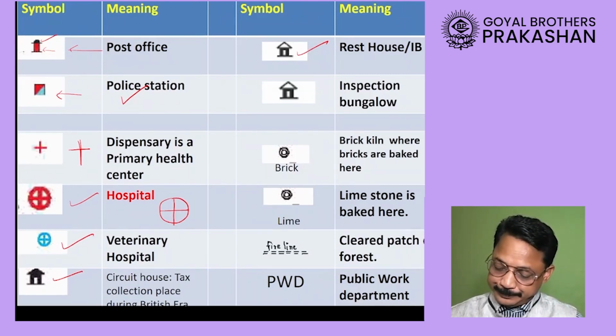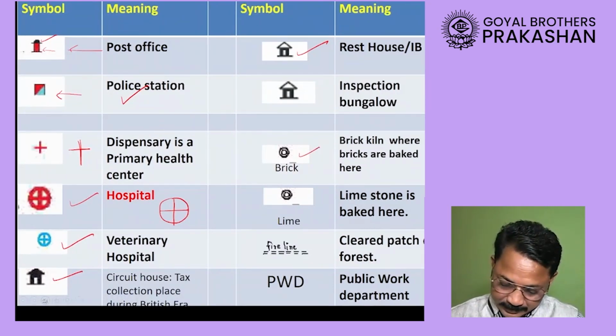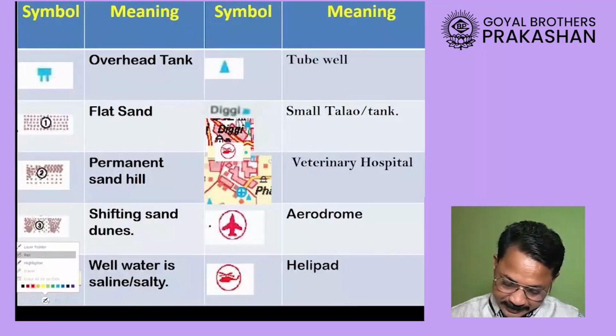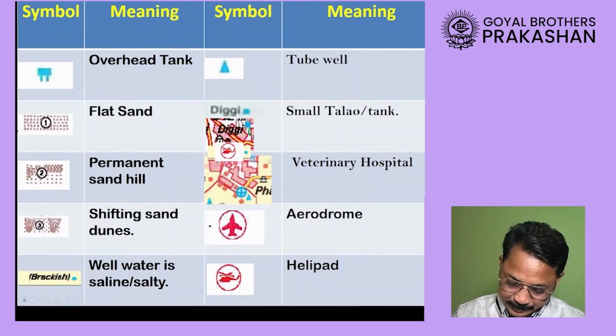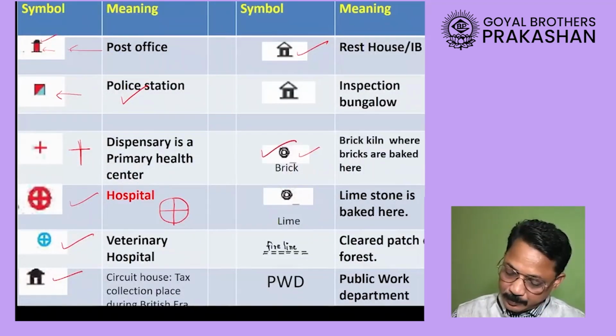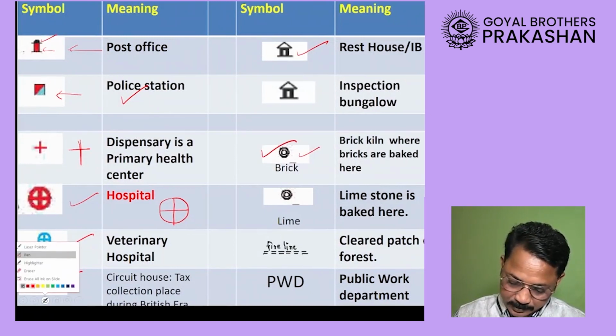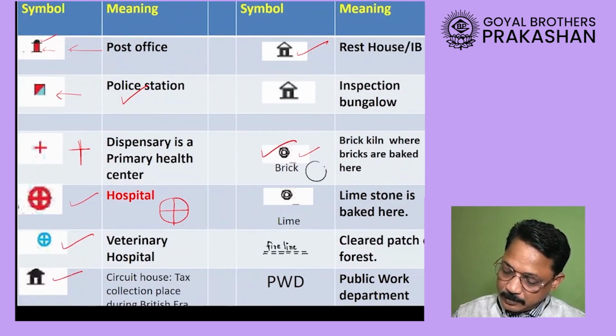Then you see a black color circle enclosed by another black color circle. Please understand, dear student, when you find such a structure here, a black circle enclosed by another black circle, and here is written brick.